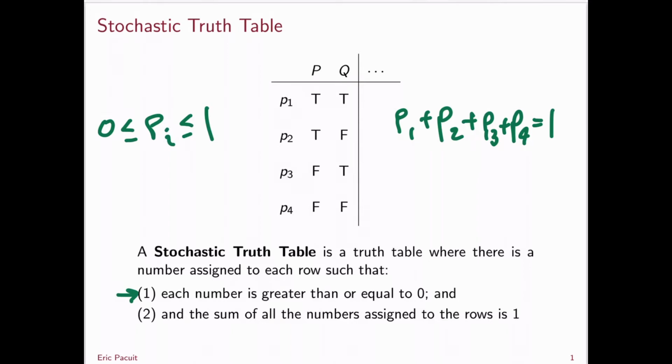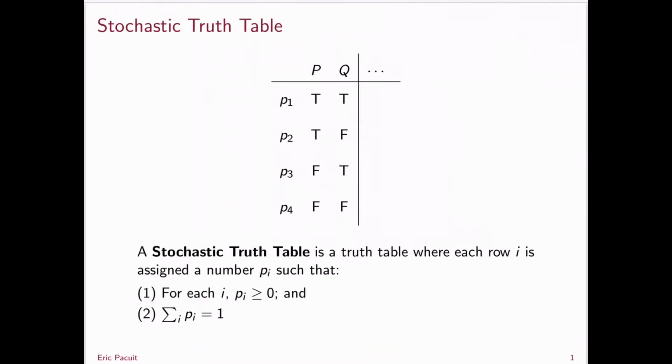Now, a little bit more formally, we can say that a stochastic truth table is just a truth table where each row I, so I is ranging over the number of the rows, so there's 4 rows, so I ranges from 1 to 4, is assigned a number P sub I, such that for each I, Pi is greater than or equal to 0, and the sum of the Pi's is equal to 1.